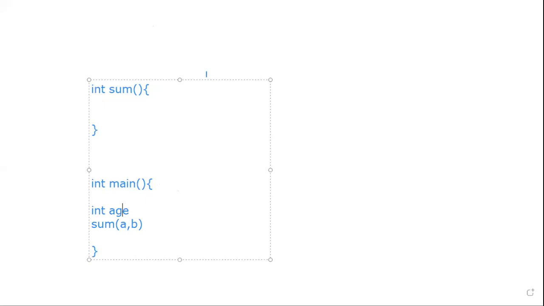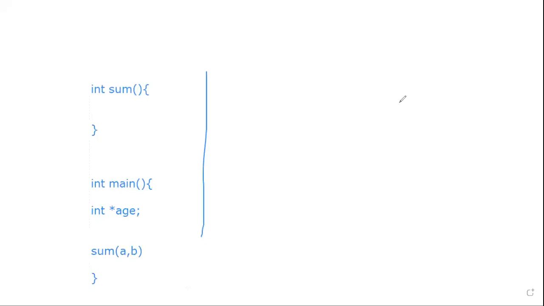Let's say this is the pointer, and this pointer is pointing to a memory location. So whenever you write age, this is pointing to a memory location in our computer. Let's say this is the memory location of age. Whenever you created it, this memory location was created, so this is where the data will be stored.